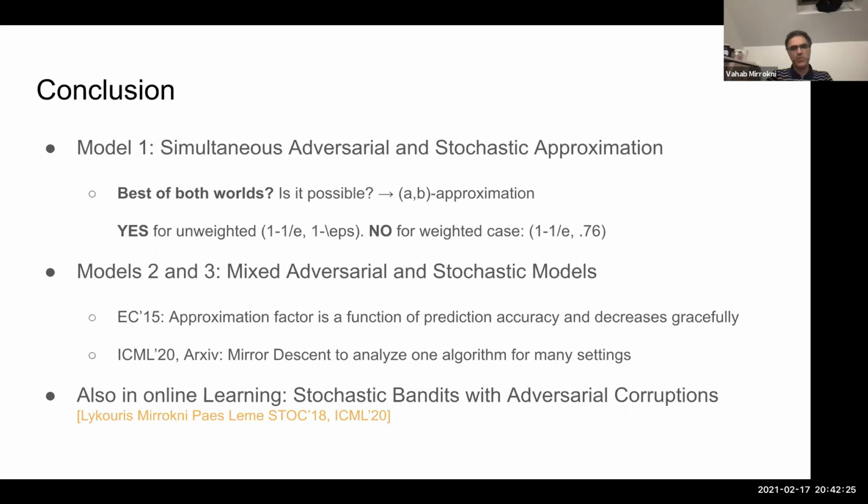In these two recent papers with Renato Paes Leme and Thodoris Lykouris, we have models of bandit algorithms that work very well under stochastic assumptions, but as we have an adversary and a number of adversarial corruptions, the regret degrades gracefully as the power of the adversary increases. So that's also interesting in the context of online learning.